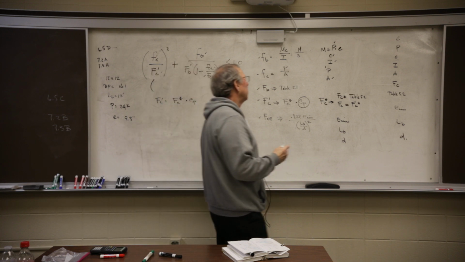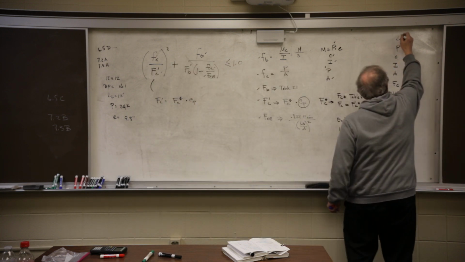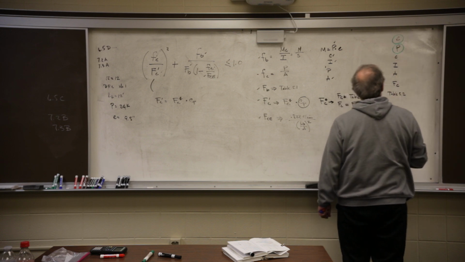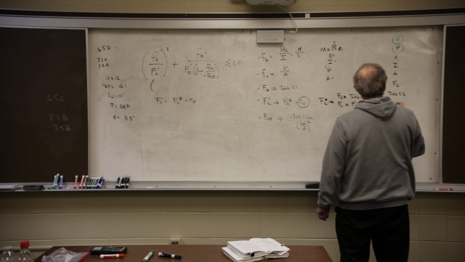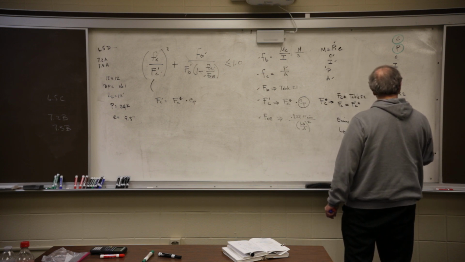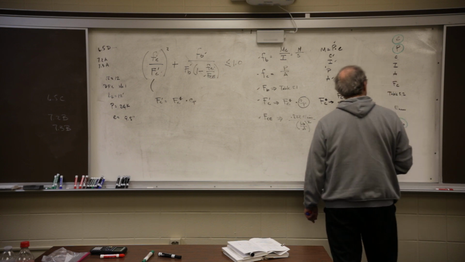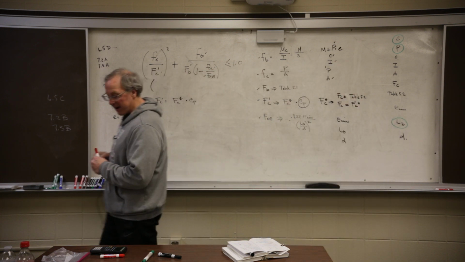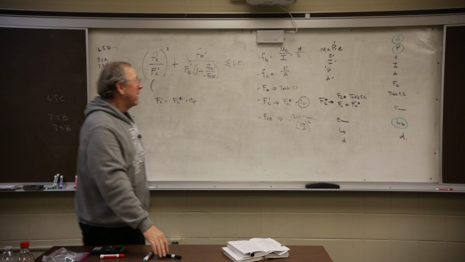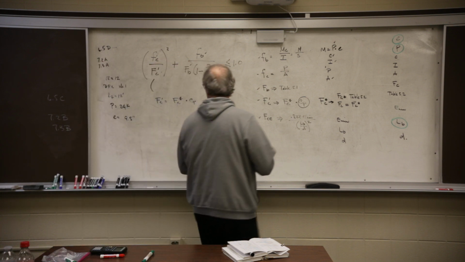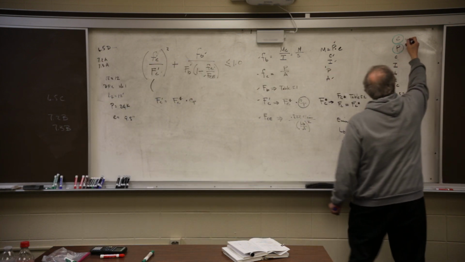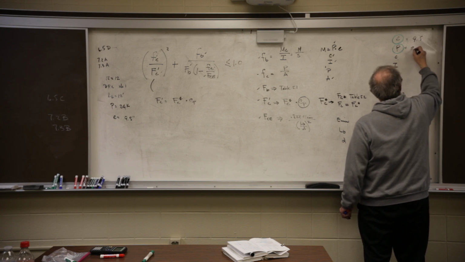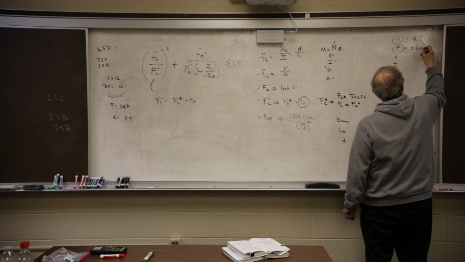Okay, green is read the problem. Those are direct reads. And for my problem, E here is 9.5 inches. P here is 24 kips, and I'm going to write it as 24,000 pounds.